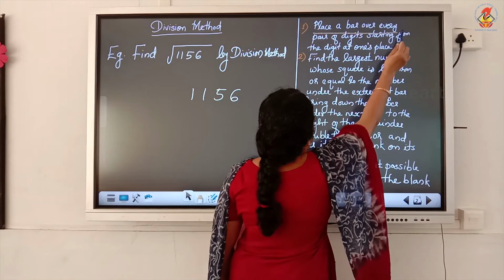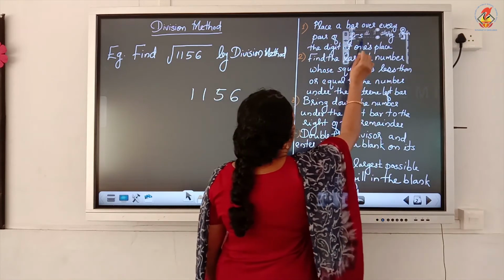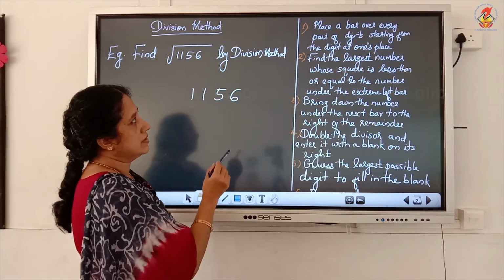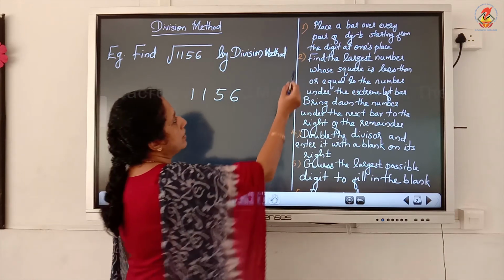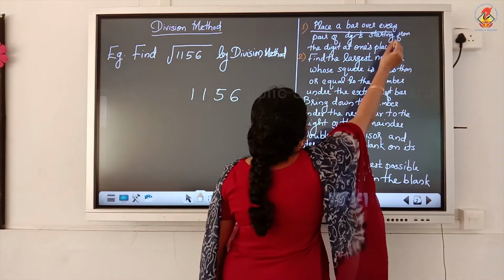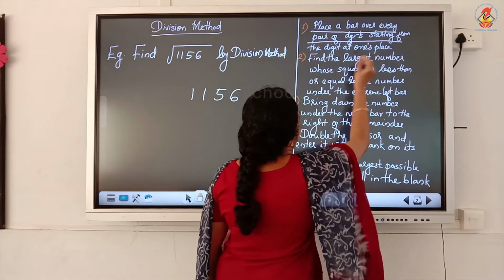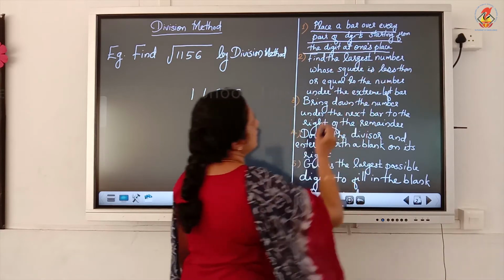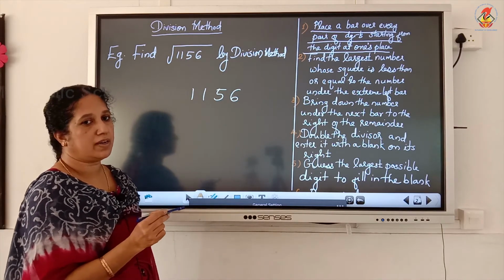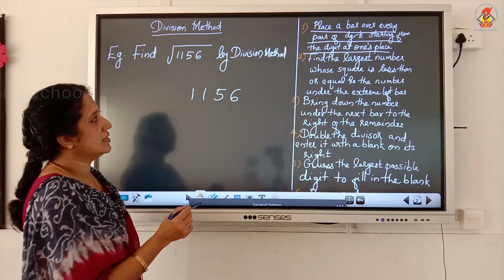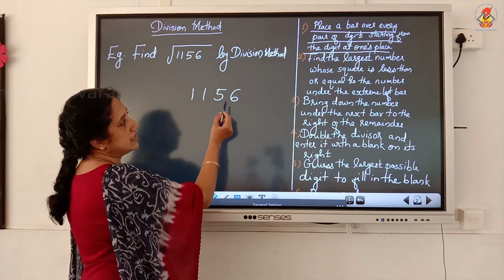Place a bar over every pair of digits starting from the digit at ones place.